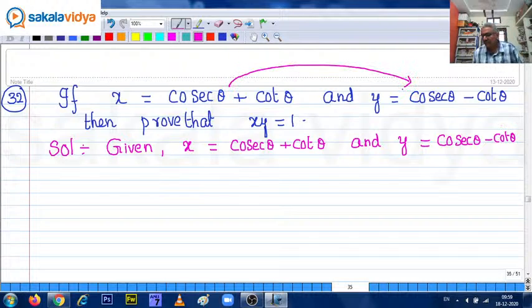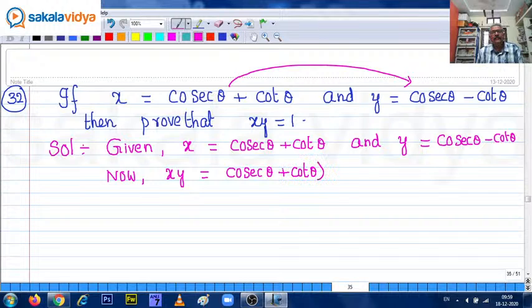You will get the answer. That's all. So now xy is cosec theta plus cot theta multiplied by cosec theta minus cot theta.